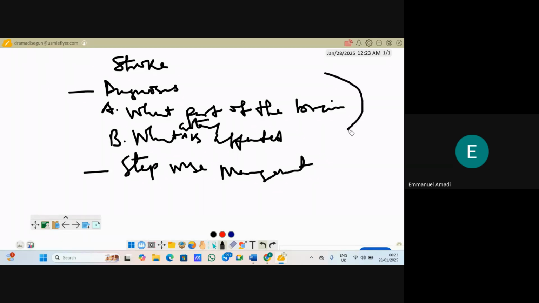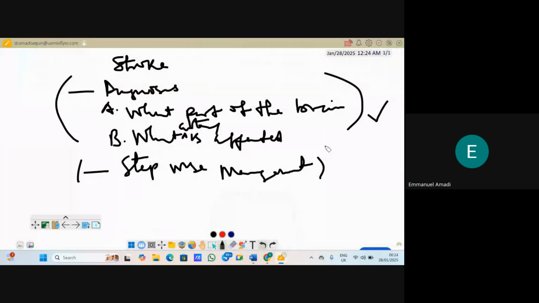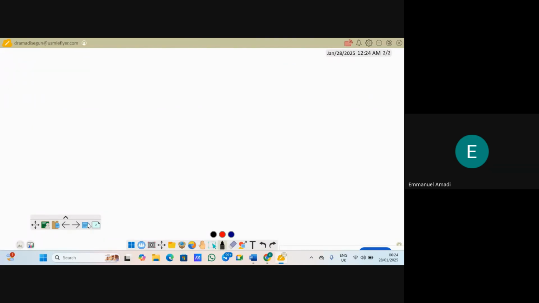So there's a lot of work to do here. The work here is not so much. So let's get this business moving. Let's start with the two types of strokes. Generally, there are two basic types of stroke, which everybody here knows.